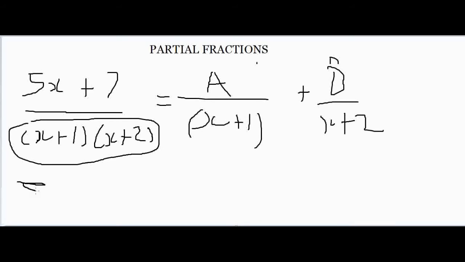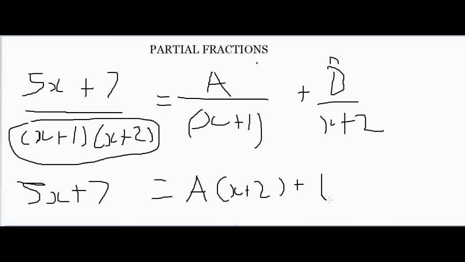So we'll have 5x plus 7 equal to, and now if we multiply this whole thing by x plus 1, x plus 2, x plus 1 will cancel, leaving A times x plus 2, and then similarly for this one, x plus 2 will cancel, leaving us B times x plus 1.